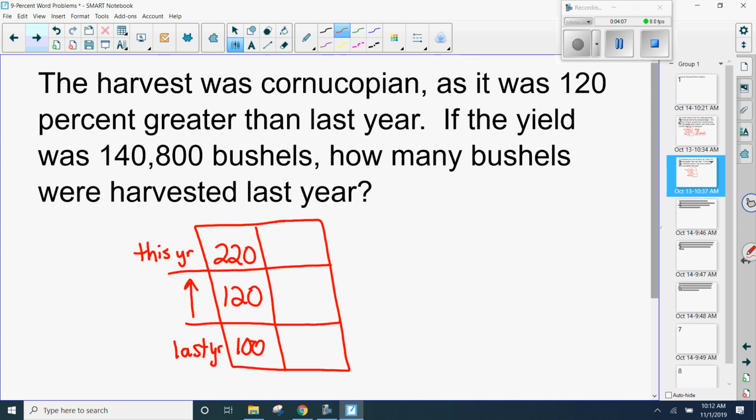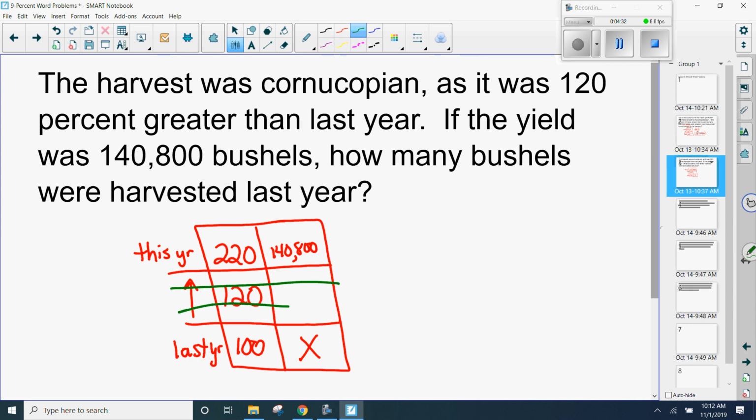If the yield was 140,800 bushels, how many bushels were harvested last year? So you really don't need that 120%. If you found something with 120%, because of this, right here, I could cross this out.